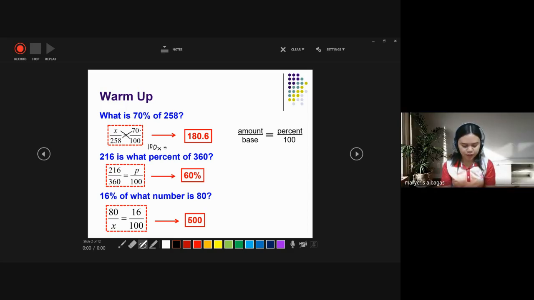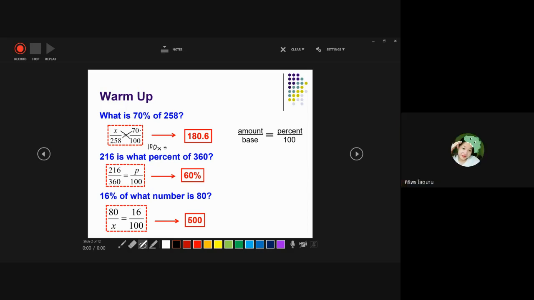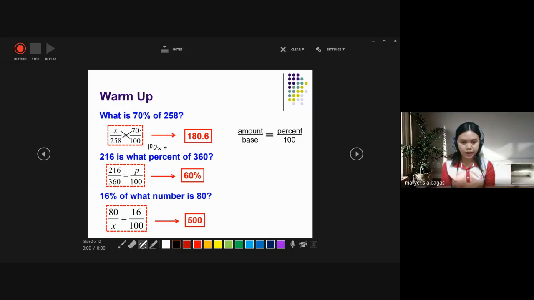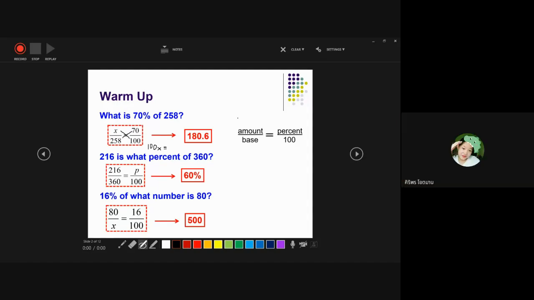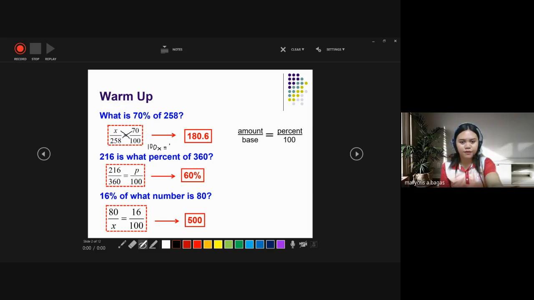Try this one on your calculator. 258 times 70 is 18,060.